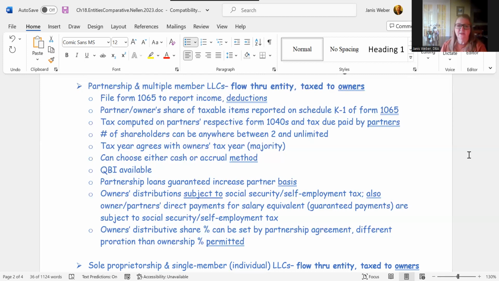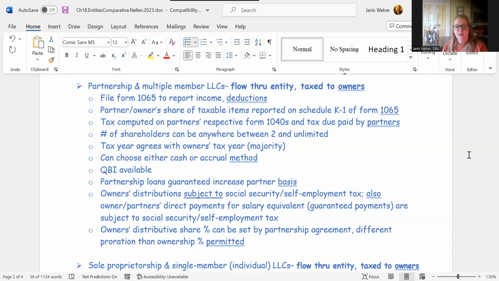And then the limitations: there can be an unlimited number of people in the partnership, but it just can't be less than 2. It must have at least 2 people to be a partnership. Otherwise, if it just had 1, it would be a sole proprietorship. So the number of partners can be anywhere between 2 and infinity.